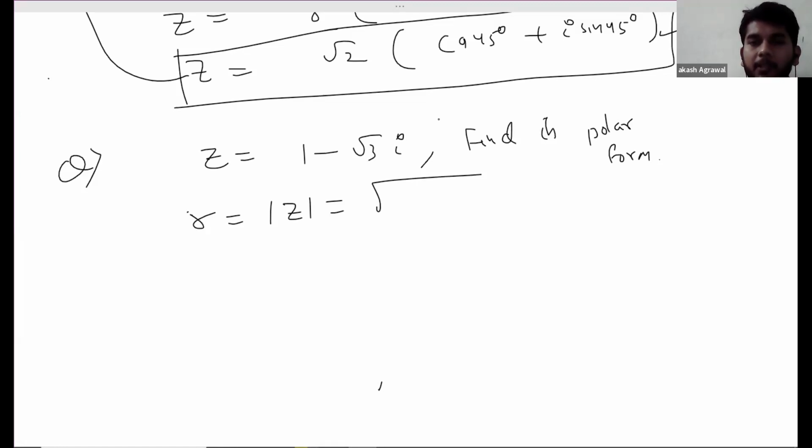What will be the mod Z, Afnan? Okay, 1 square plus 1 square. Why? Can you please open your mic and say? Yes, sir. Why do you say this is 1 square plus 1 square?